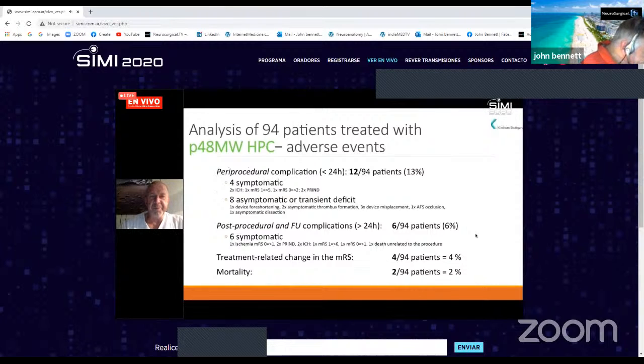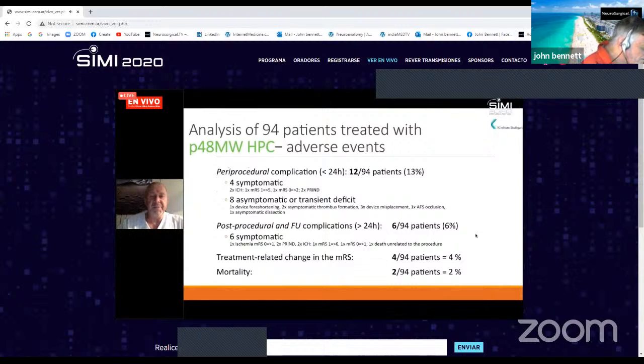For the periprocedural group of complications, these were 2 hemorrhages, one causing a deterioration of the patient from modified Rankin 1 to modified Rankin 5. This was I think essentially a wire perforation, and we had one patient deteriorating from 0 to 2, and 8 asymptomatic or transient deficits.